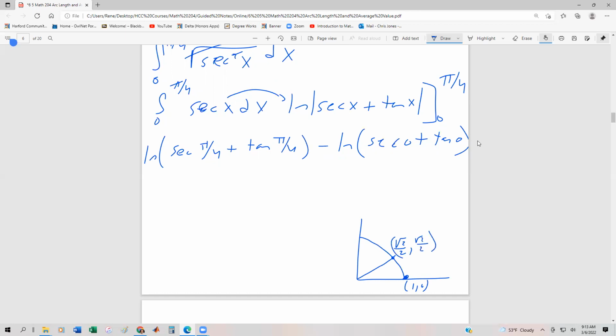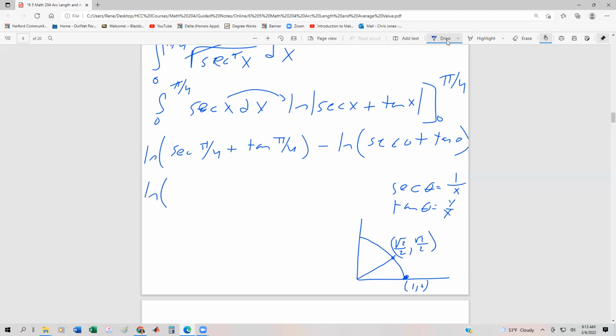Remember that secant is the reciprocal. So secant of theta in general is 1 over the x coordinate, and the tangent of theta is y over the x coordinate. And so we're just going to substitute back in.